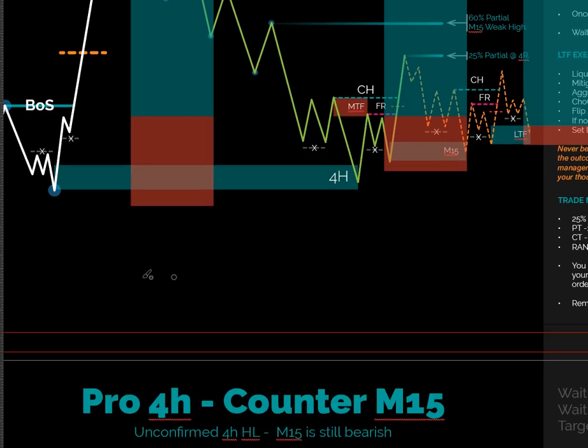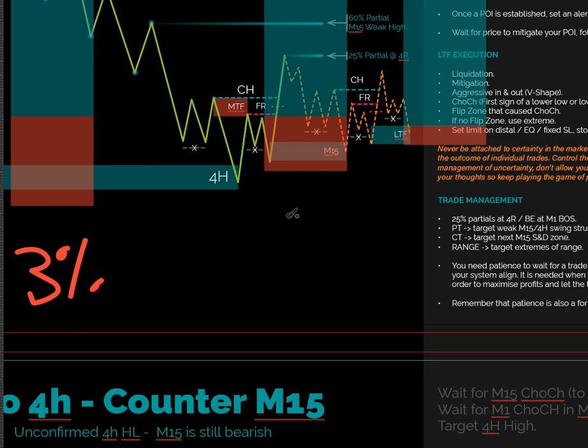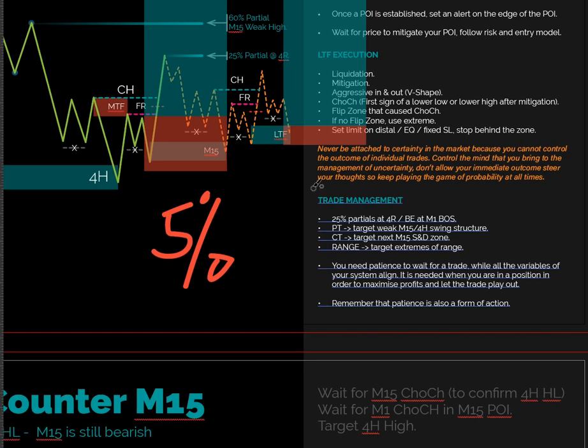If you risk 1%, here you make 3%, right? Here you make 5%, and here you make a whopping 10 to 15%. One setup, guys.